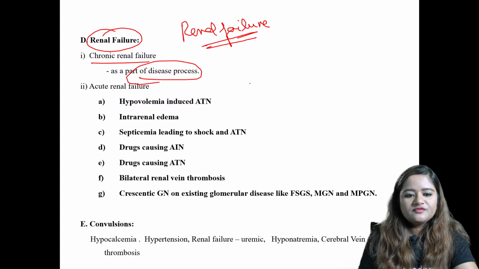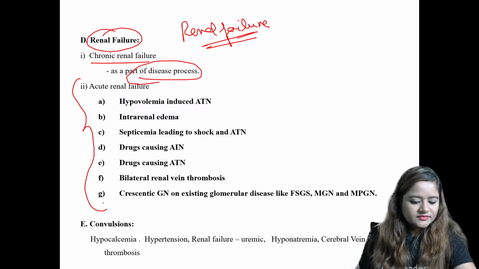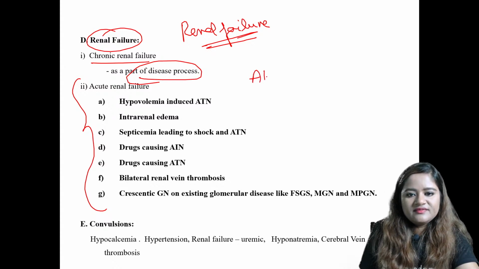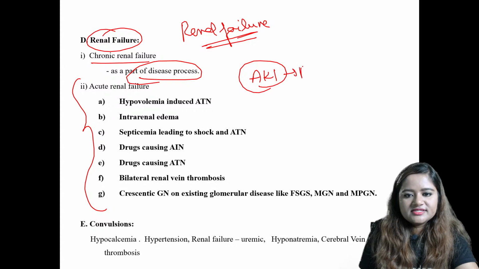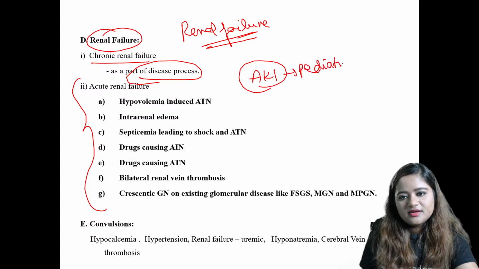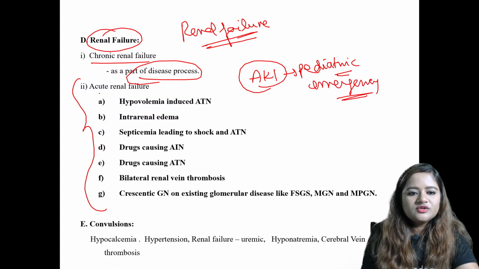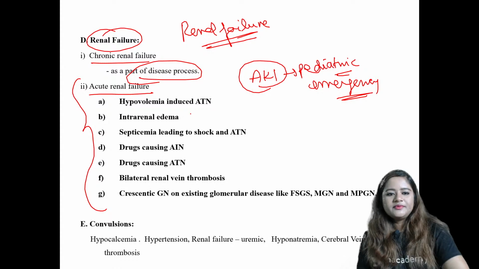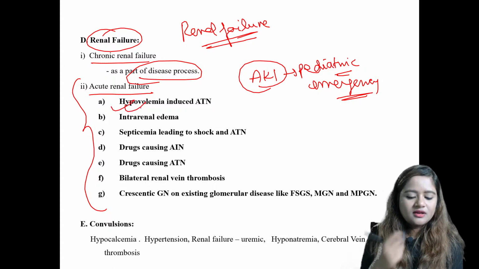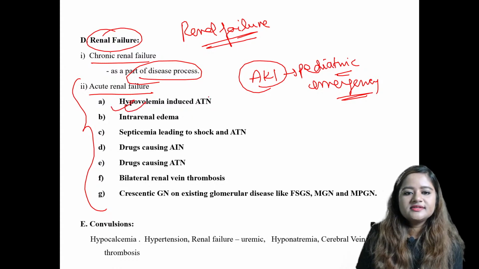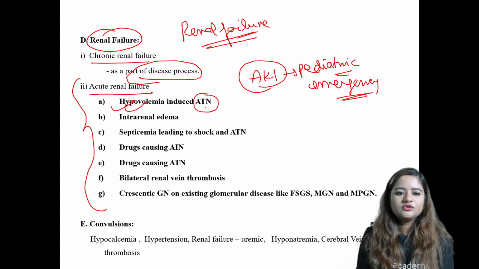So if any patient of nephrotic anytime goes into acute renal failure, what will happen? AKI again we'll do in detail when we do pediatric emergencies. It's a very important topic. What are the symptoms, what is the presentation, but as of now just basics about AKI. So if acute renal failure has occurred, the kidney will suffer a loss in its structure, that is acute tubular necrosis can lead to AKI.